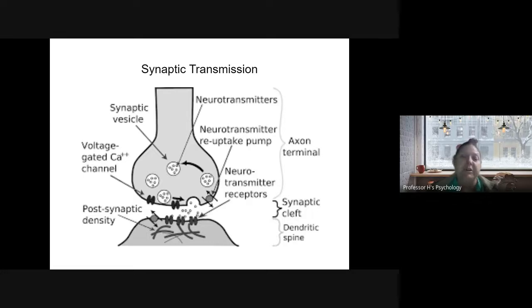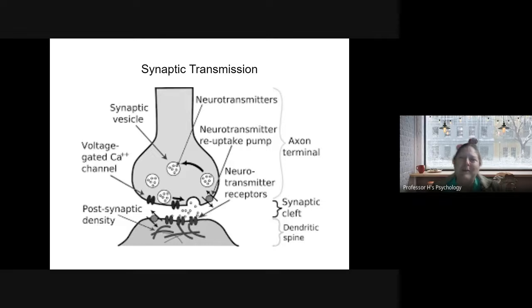If this was a dopamine neuron releasing dopamine, and this dendrite down here with the receptors on it belongs to a serotonergic cell, one that only deals with serotonin, then my neurotransmitter can't bind to these receptors. A dopamine cell will release dopamine, and then it has to be picked up by another dopamine cell.